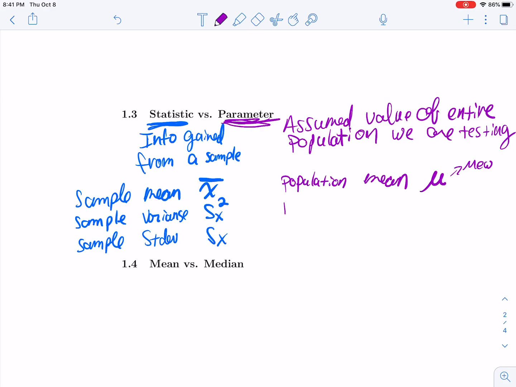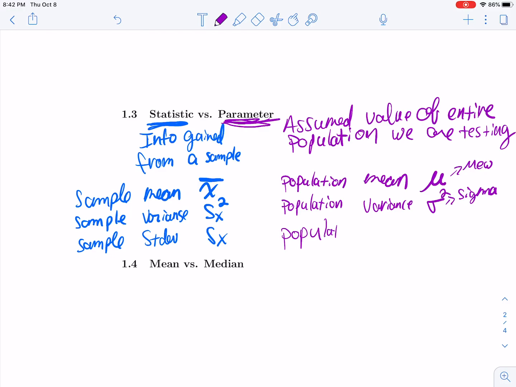We have the population variance, which is the Greek letter sigma, lowercase sigma in this case, sigma squared, excuse me.